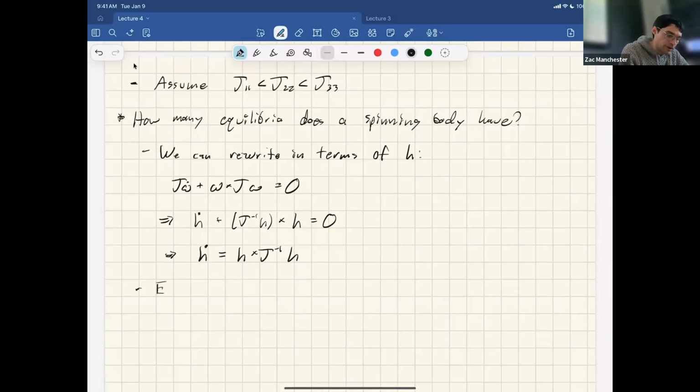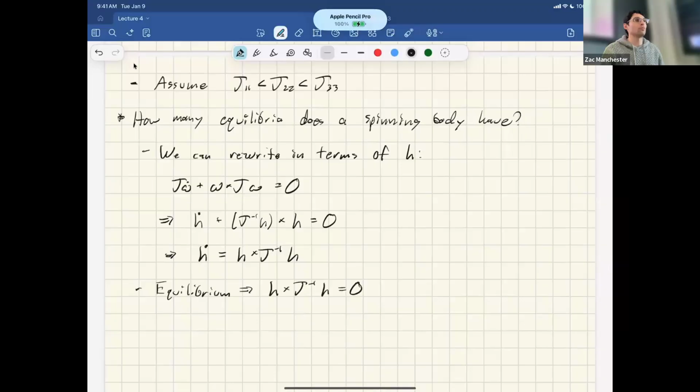Okay, so equilibrium here means h dot is 0, means that h cross j inverse h equals 0. Okay, so when is that true? When is this cross product expression going to equal 0?